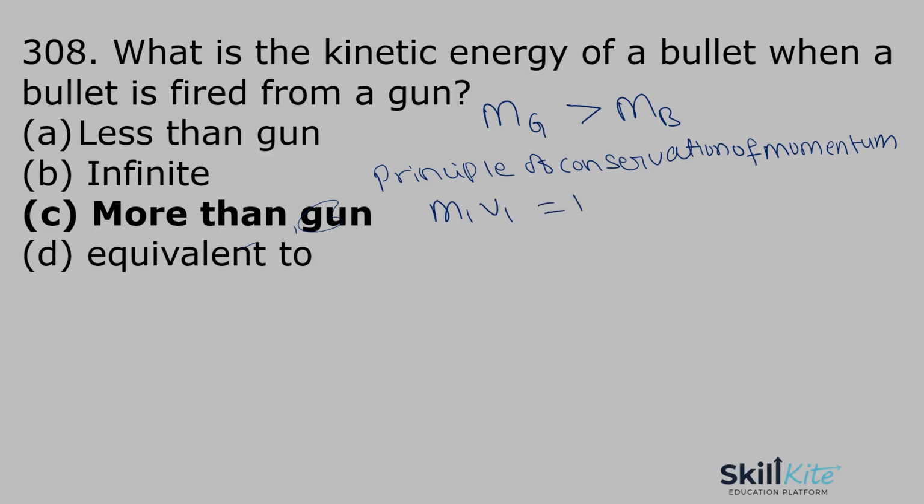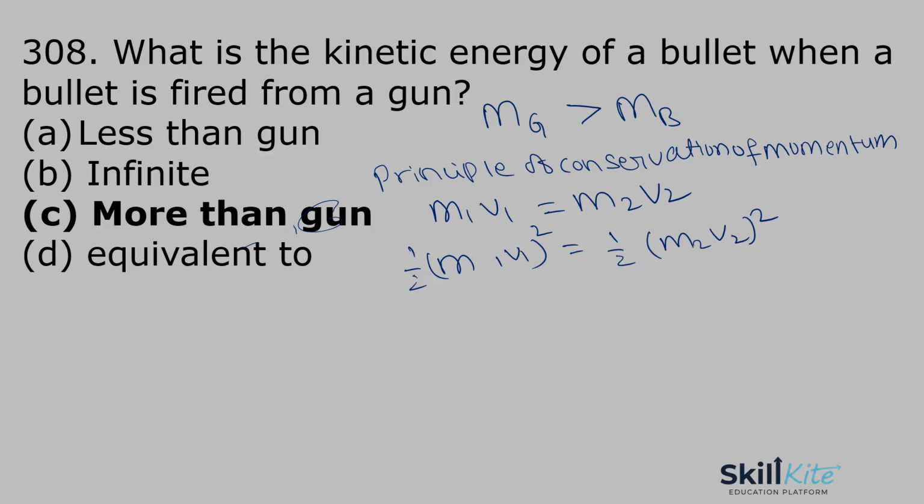m1 v1 equals m2 v2. By multiplying by half and squaring on both sides, we get half into m1 v1 whole square equals half into m2 v2 whole square.